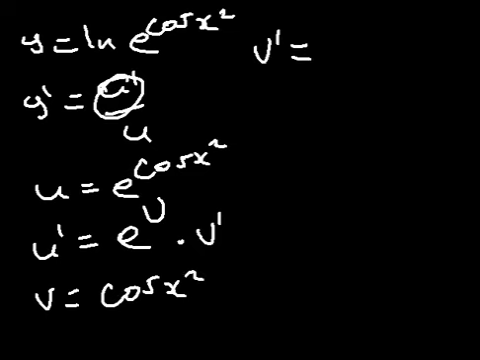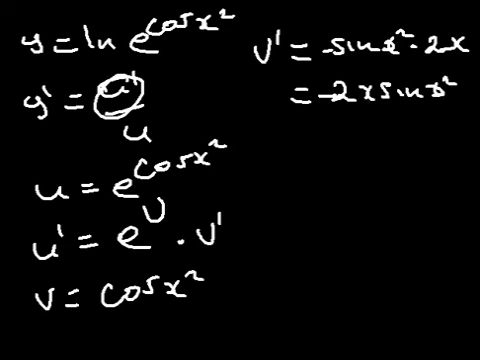We'll have it as now a chain rule. We have a cos, which is the outer function, and x squared, which is the inner function. So we have negative sine x squared times the derivative of the inner function, which is given as 2x. So which means we have negative 2x sine x squared.